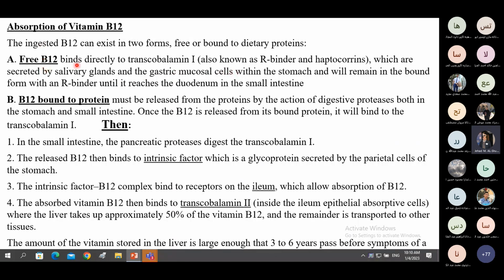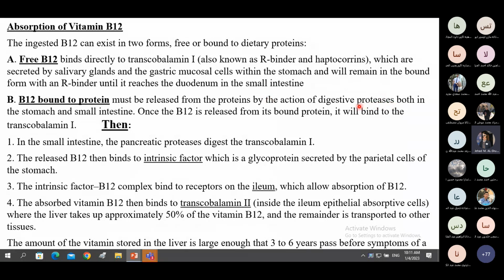So free B12 will bind directly to transcobalamin 1, also known as R binder, as we said. What about the B12 that is bonded with protein? The protein bonded with B12 will be digested by proteases.